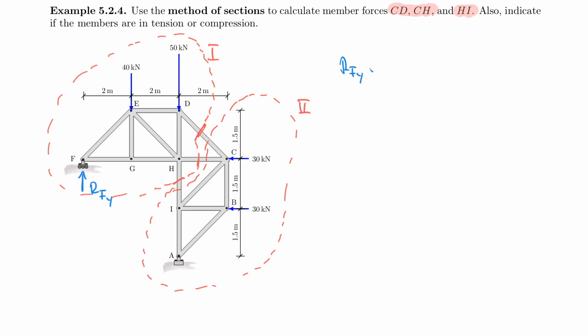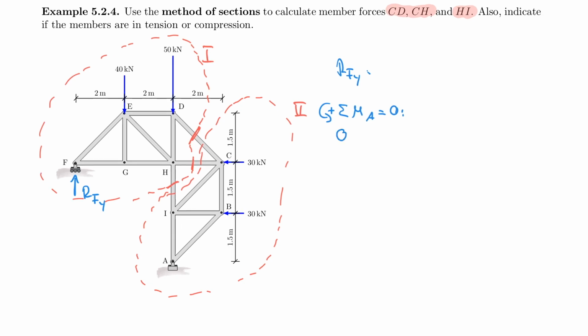RFY is done by the sum of the moments about point A being equal to 0, counterclockwise positive, and 0 would be equal to RFY multiplied by, let's look at it. So the distance from here to here horizontally is 4 meters, so multiplied by 4 meters.